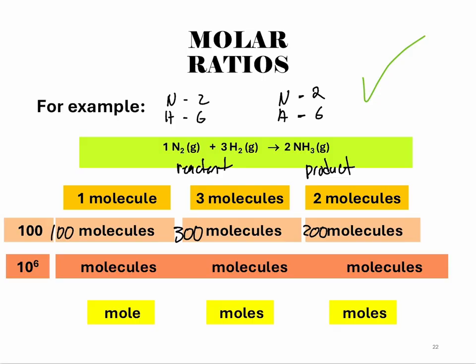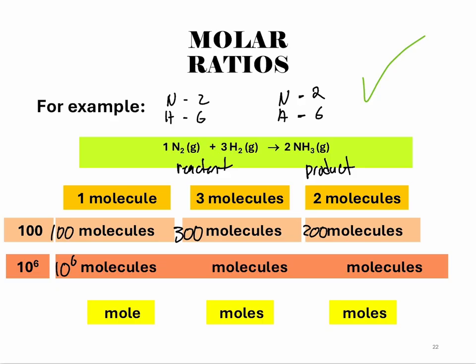For 1,000,000 times, how many nitrogen gas molecules do we need? Yeah, we need 10 to the 6 nitrogen gas molecules, right? We need 1,000,000 of them. And how many hydrogen gas molecules do we need? 3 million, right?